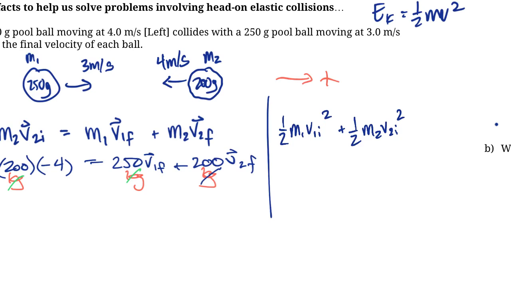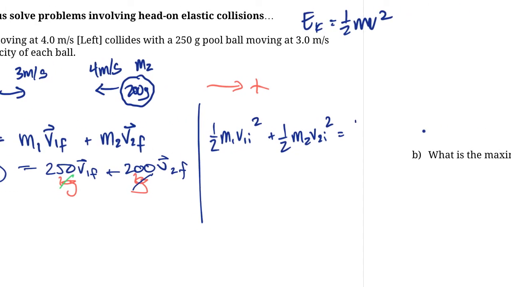That's our initial kinetic energy of both of our objects. That's going to equal 1/2 m1 v1f squared plus 1/2 m2 v2f squared.